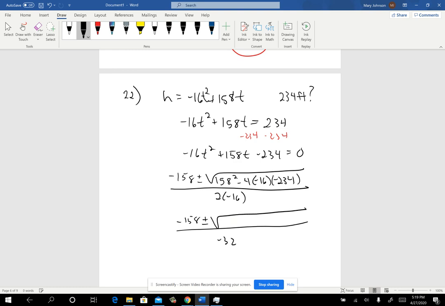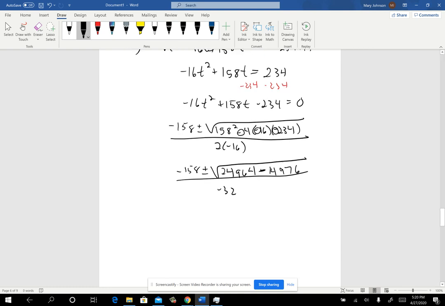Then underneath here, you would do the 158 squared. That turns out to be 24,964. And then there's 3 negatives, so it's going to be minus something. And 4 times 16 times 234 turns out to be 14,976. Okay, so we're getting close.